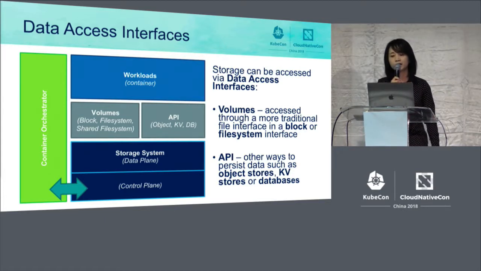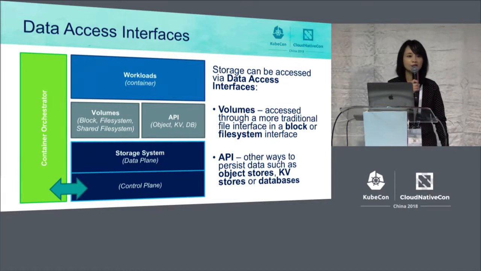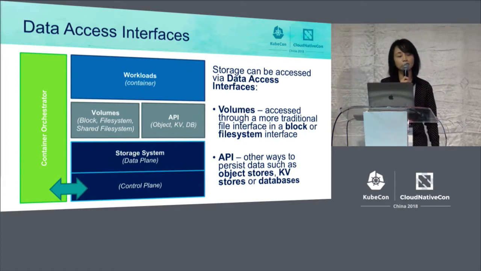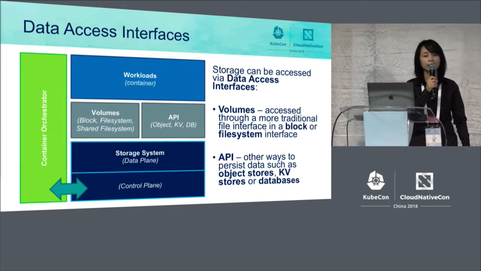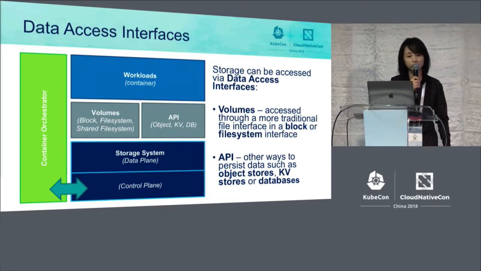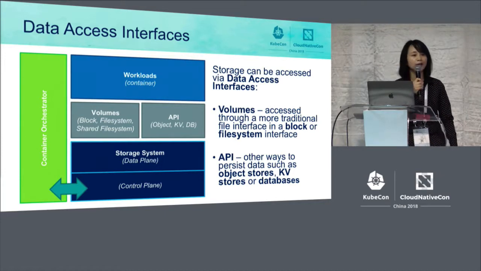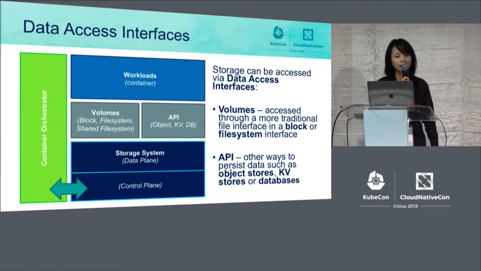Object store usually uses a distributed architecture, and that is optimized for capacity, durability, and scalability. It could also have a higher latency because of that, but it could also provide high throughput through parallel access from multiple clients.